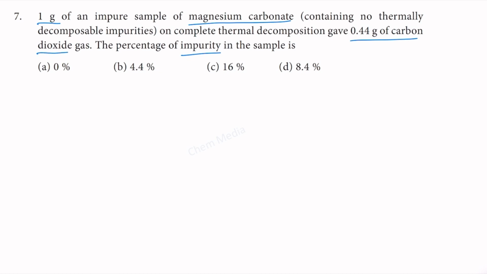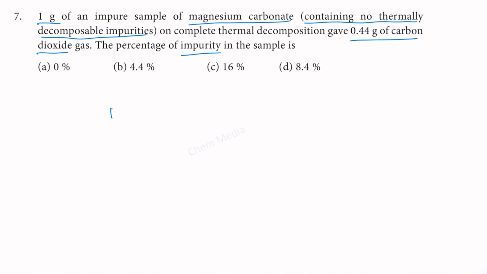Here, the most important thing that we have to note is containing no thermally decomposable impurities. That means the products are pure, impurity remains as an impurity. Impurities are not decomposing.